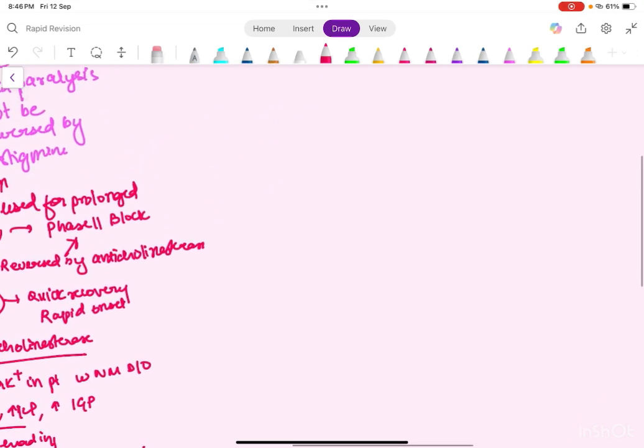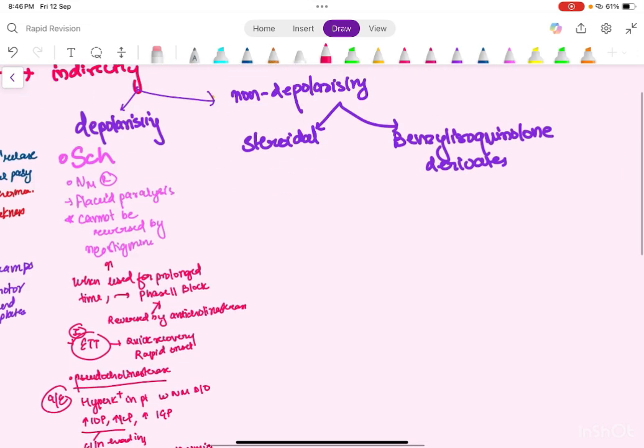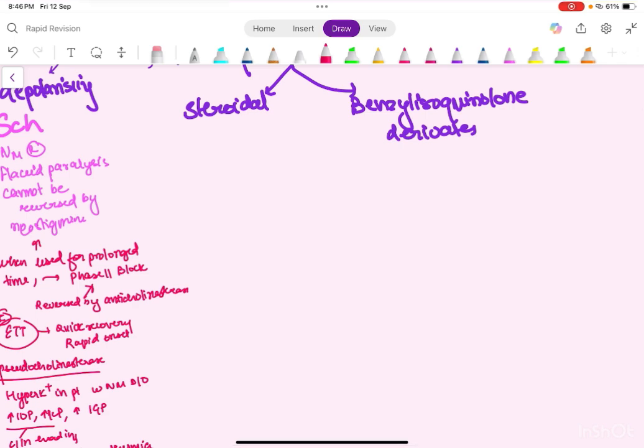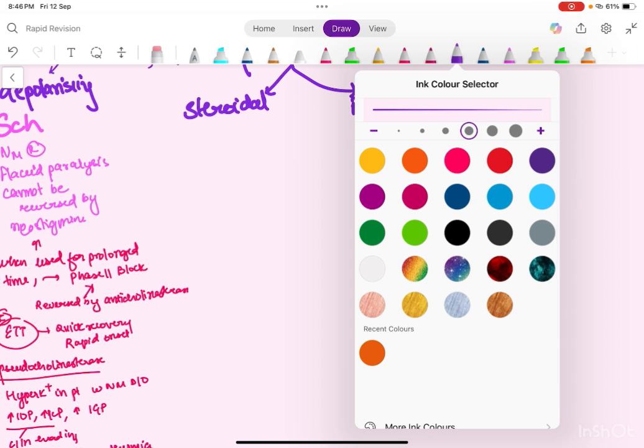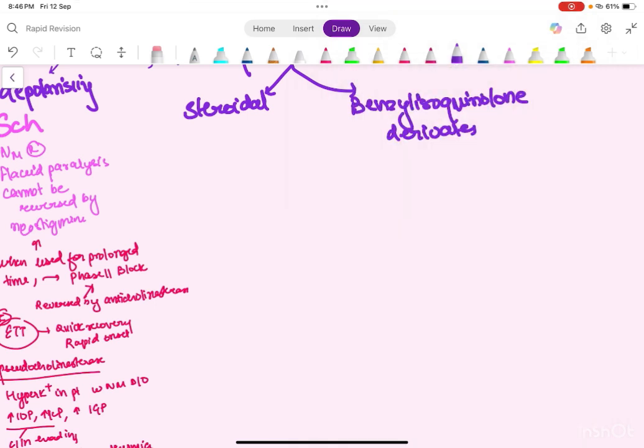Okay, now let's talk about the steroidal ones. So in the steroidals you have to remember a few classic names, so I'll just write them. So we have pancuronium, then we have rapacuronium, vecuronium, and so on.